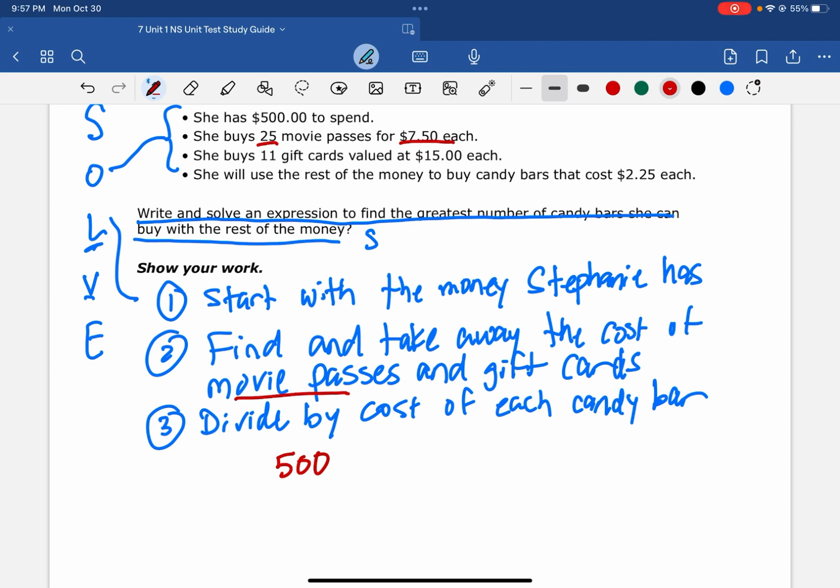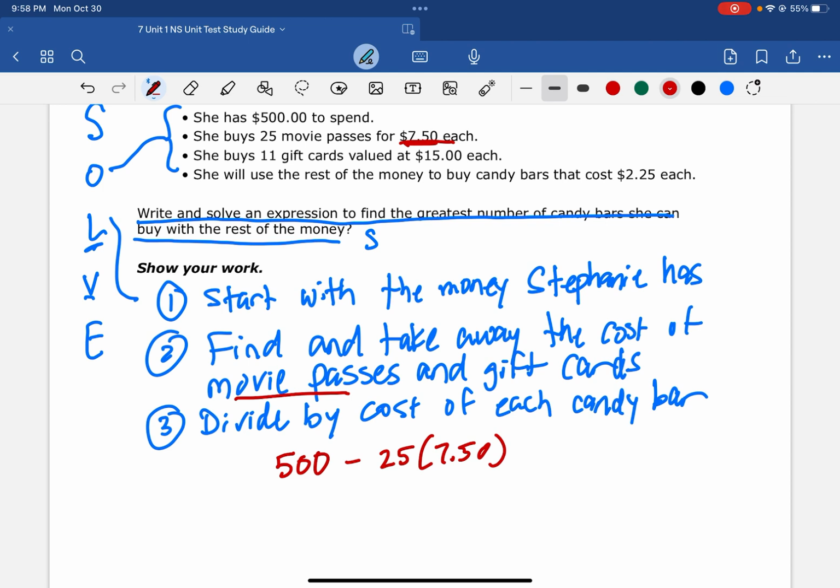So how do we go about finding the cost of all of the movie passes? Well, because there are 25 of them and they have the identically same price of $7.50, that would be 25 times $7.50. And we're taking that away.